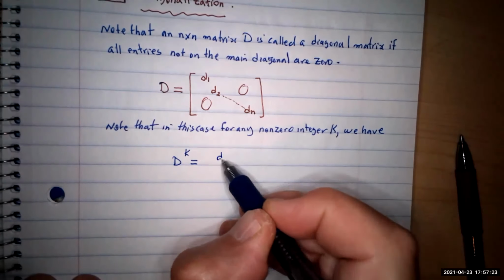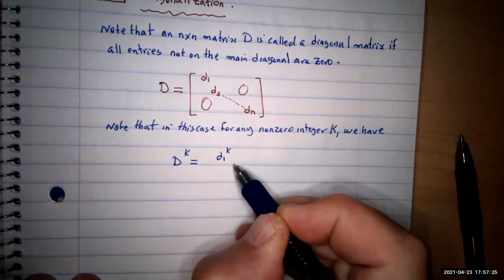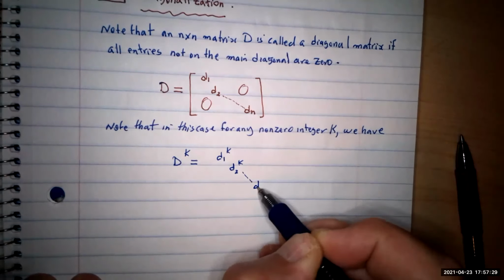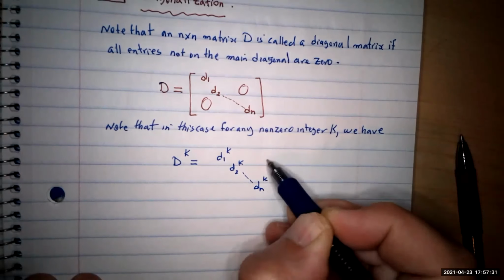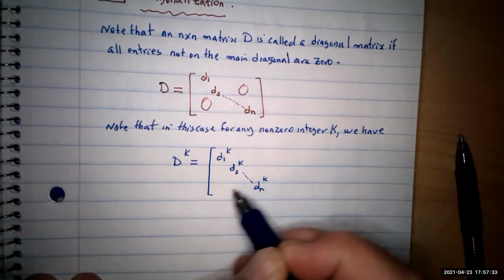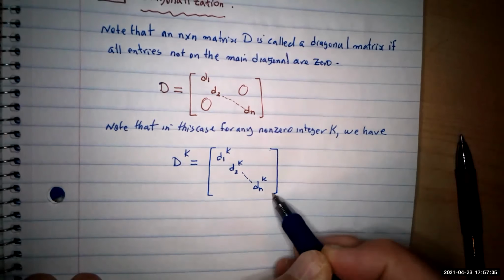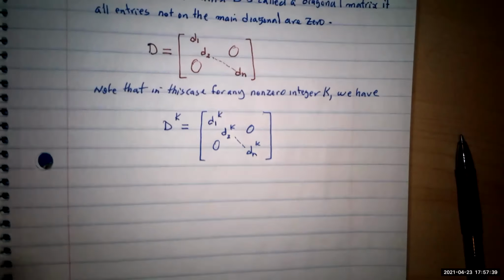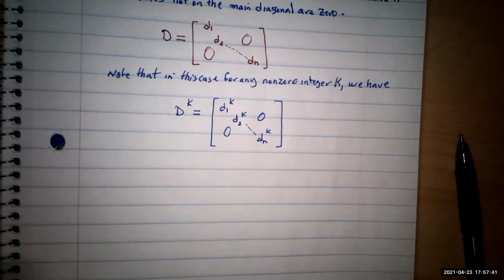So it's going to be d1 to the k, d2 to the k, up to dn to the k, and everywhere else 0. That's one property of these matrices that we are interested in.